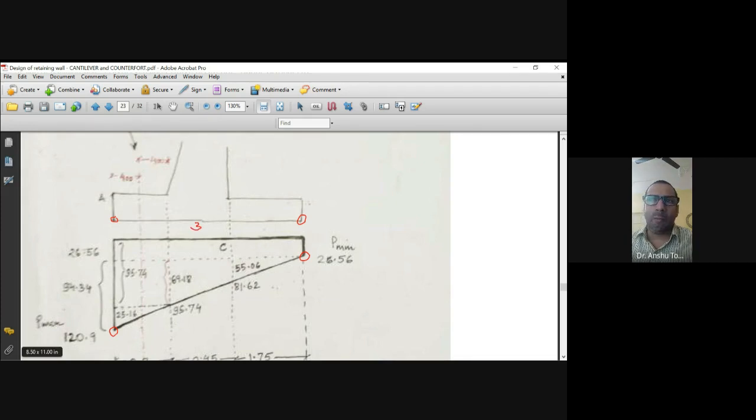So if we know 120.9 and 26.56, can we find out the intermediate values? Students, can we find out these values?